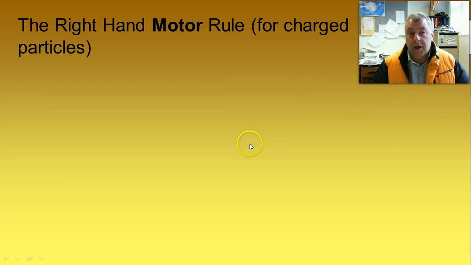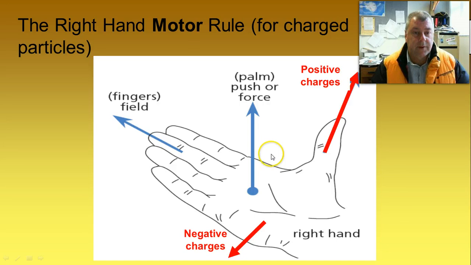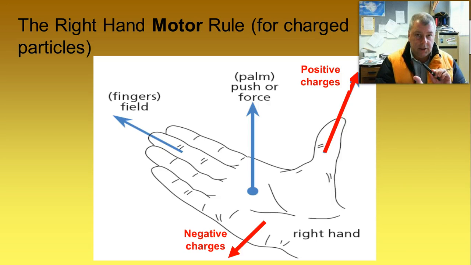Now, you need to be able to work out the direction of that force because it varies depending on if the charge is positive or negative, you see. And so you need to make use of what's called the right-hand motor rule for charged particles, in brackets. And it's a little bit different. The way I like to remember it is it's exactly the same as the right-hand rule, where your thumb was current, but remember that was conventional current, and if conventional current was being carried by a charge, it would be a positive charge.